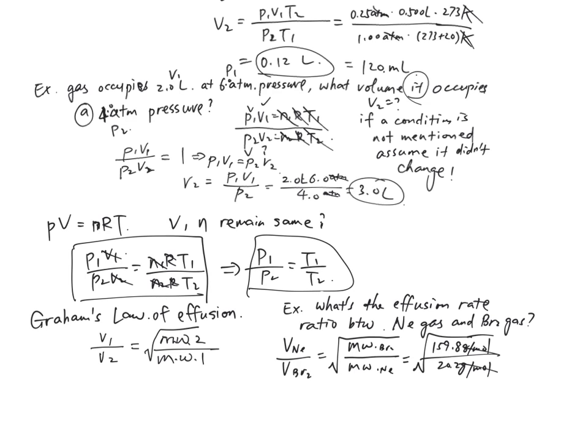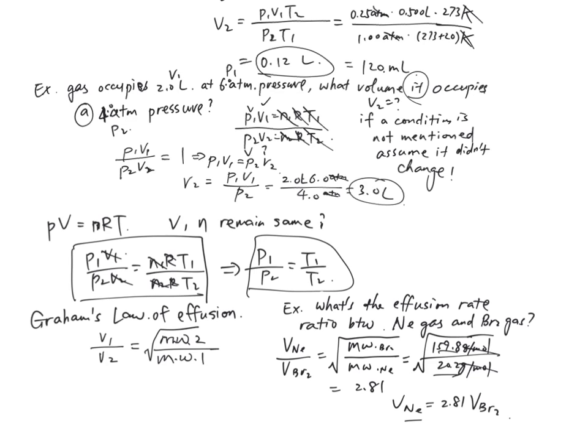So cancel the unit, and you get about 2.81. So the velocity of neon is about 2.81 times faster than the speed of bromine. Why? Because neon is lighter than bromine. Lighter molecules diffuse faster. Essentially, that's the idea of Graham's law.